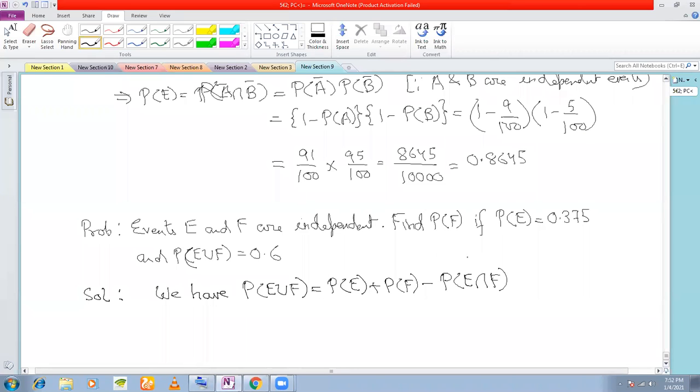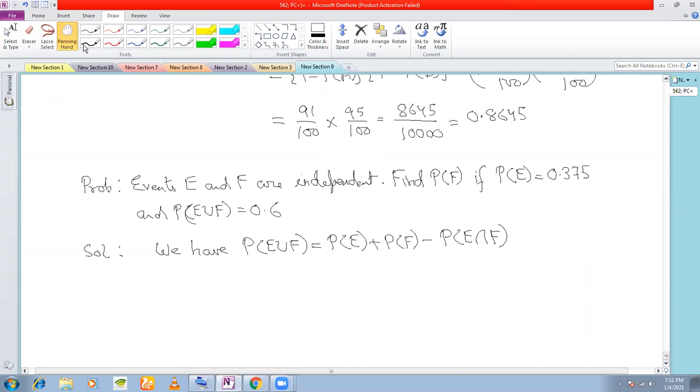We can only make this part 0 if they are mutually exclusive. Is it mentioned here that E and F are mutually exclusive? No. That means P of E intersection F is not equal to 0. You have to write it.